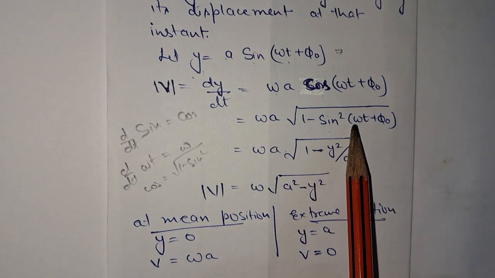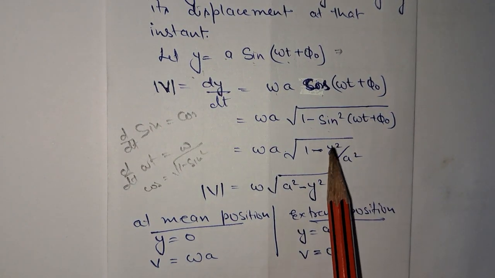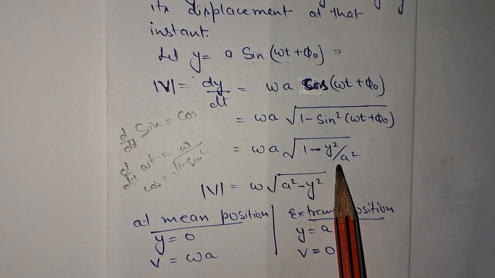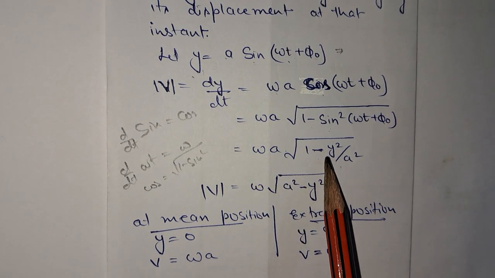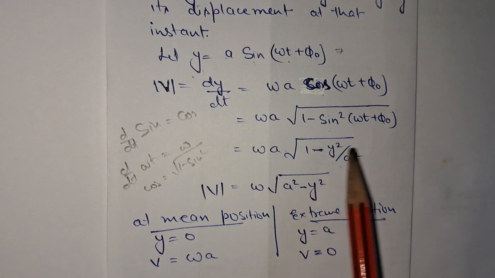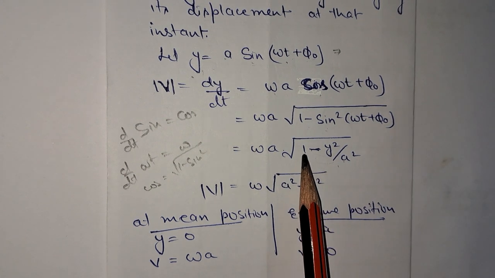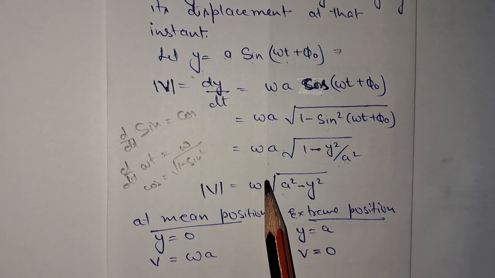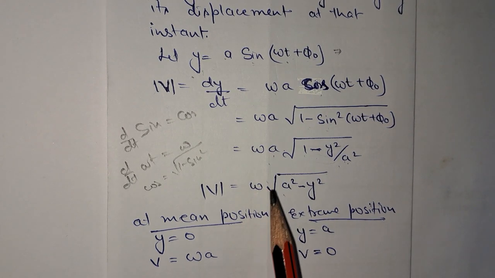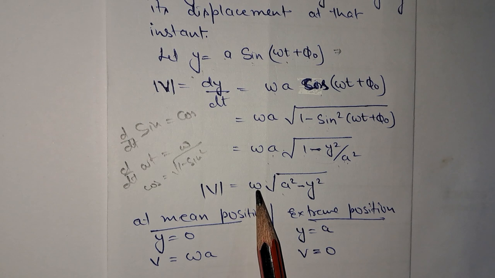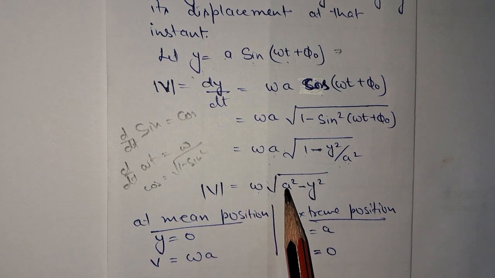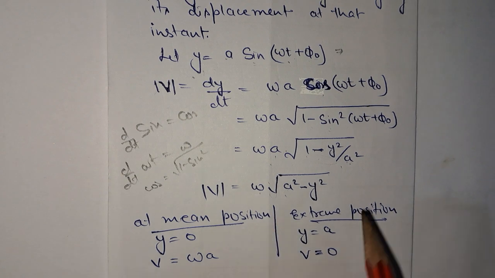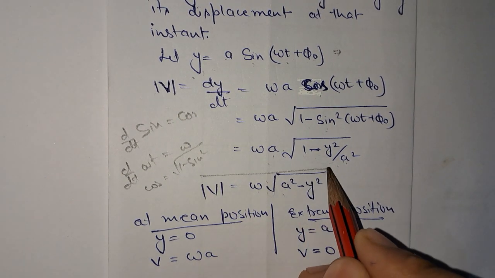So in place of sine square, putting this value, y square upon a square, with taking the LCM, a square comes here and a comes outside, so a and a got cancelled, and the left part is only omega. So omega under root a square minus y square is the velocity. So this is your velocity.